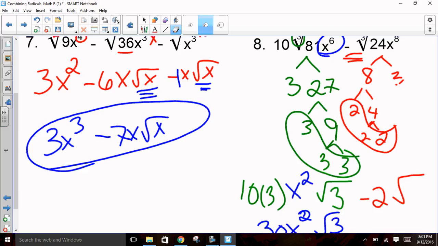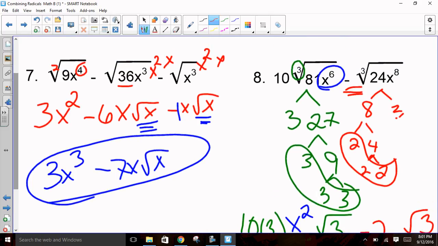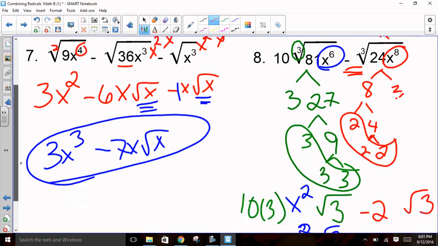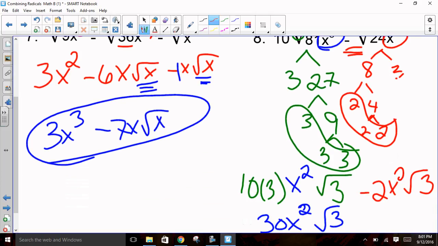Leave that little bit of space. My 3 hangs out outside, or underneath. X to the 8. 8 is not divisible by 3, but 6 is. 2 left over. So 6 divided by 3 is 2, so x squared comes out.